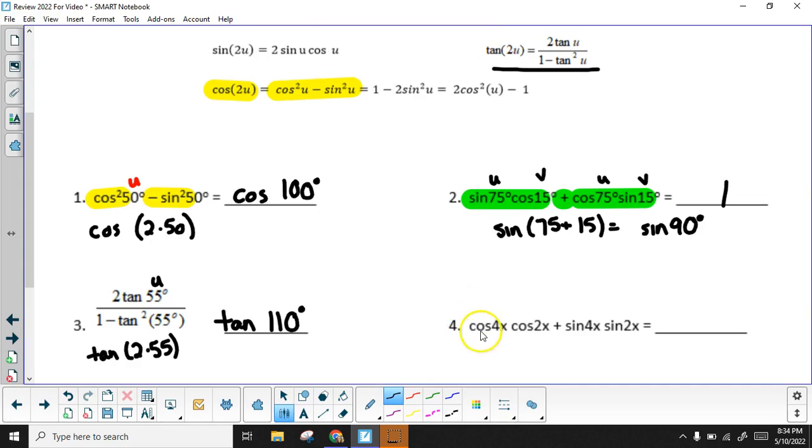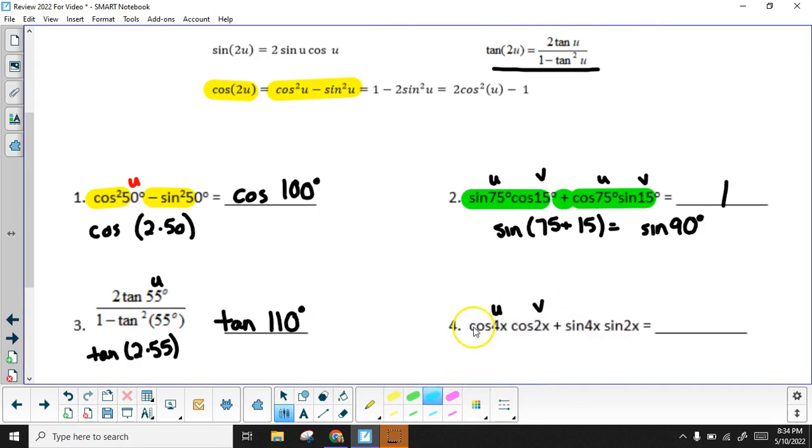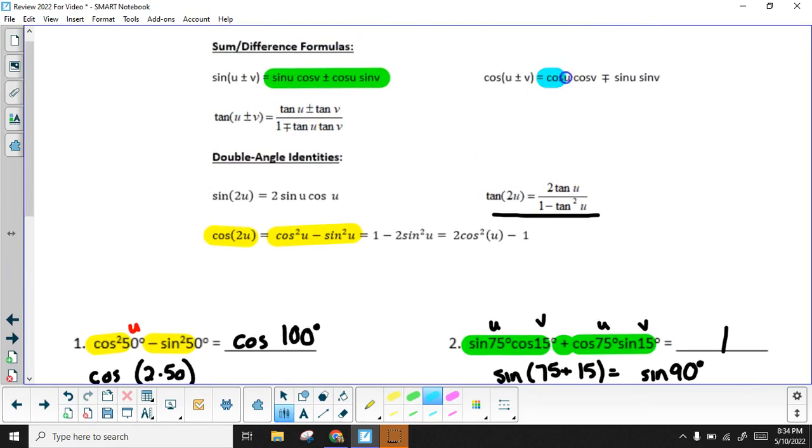Okay, for our next problem, we have cosine 4x cosine 2x plus sine 4x sine 2x. So we've got a u value of 4x and a v value of 2x. And we have a formula here that looks like we've got cosine times cosine plus sine times sine. So cosine, cosine plus sine, sine. That looks like this right here, our formula for our cosine.